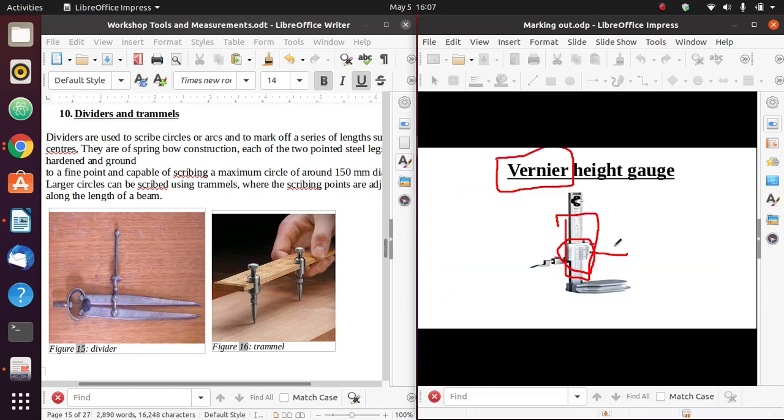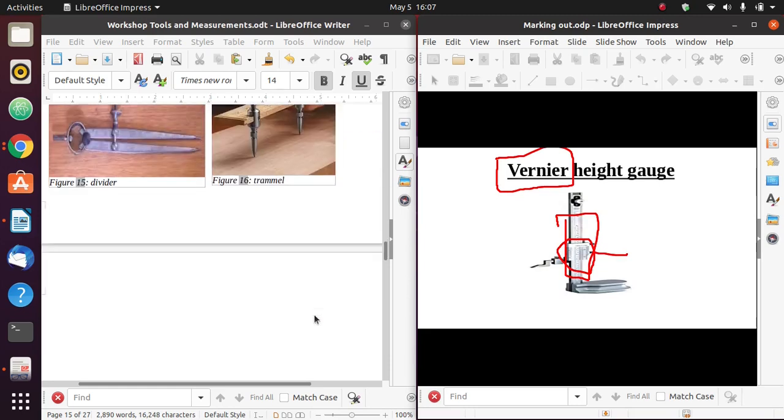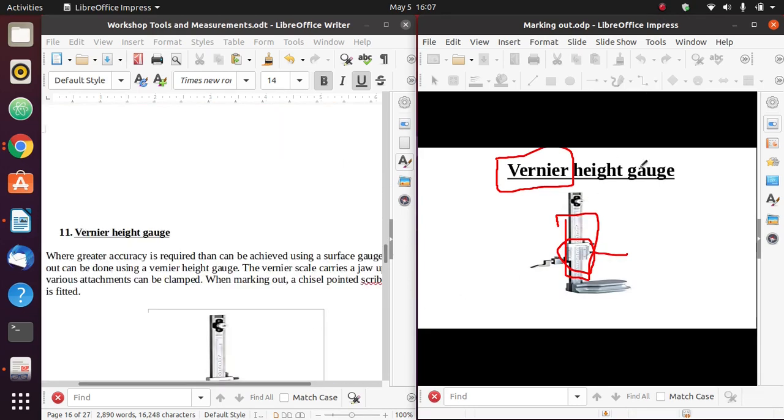So if I want to make more accurate markings, then I can use a vernier height gauge, because this vernier scale increases my accuracy. It increases it because now I can measure in terms of millimeters. Now we use a chisel. There's a chisel that is usually attached to this vernier scale.